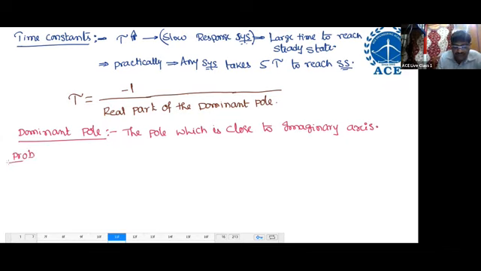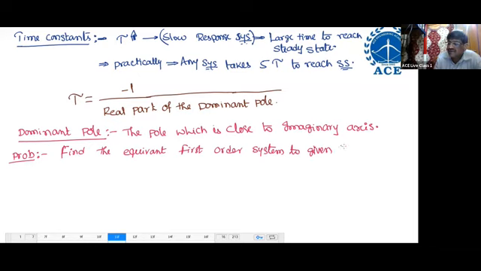Find the equivalent first order system to the given second order system.